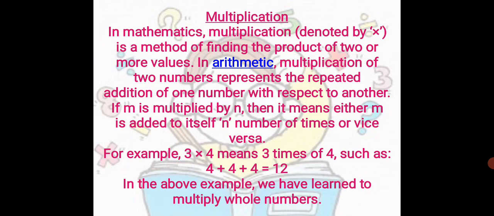What does it mean? Suppose m is multiplied by n, then what will happen?